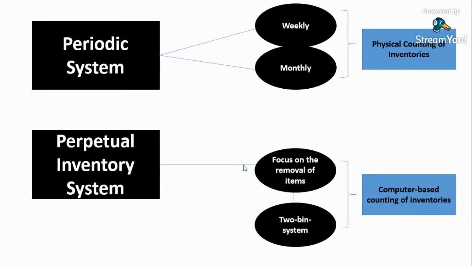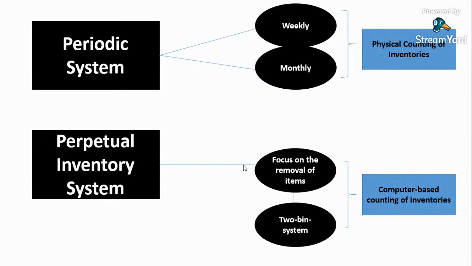Okay, so let's continue the discussion of perpetual inventory system. Always remember guys na kapag sinabi nating perpetual inventory system, it is focused on the removal of items and two-bin system. So, para alam natin kung ilang items ba yung nare-remove sa system natin, lalo na kapag marami ng product line ang company.